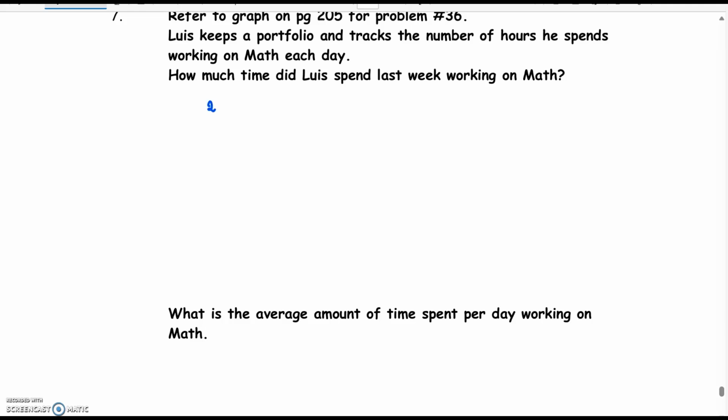So 2.5 plus 3.25 plus 2.75 plus 4 plus 1.25 plus 2 plus 3.5, and all this is in hours. If you're adding all these numbers, our final answer will be in hours.